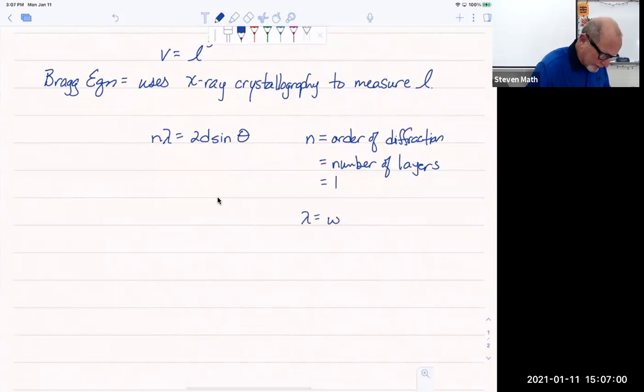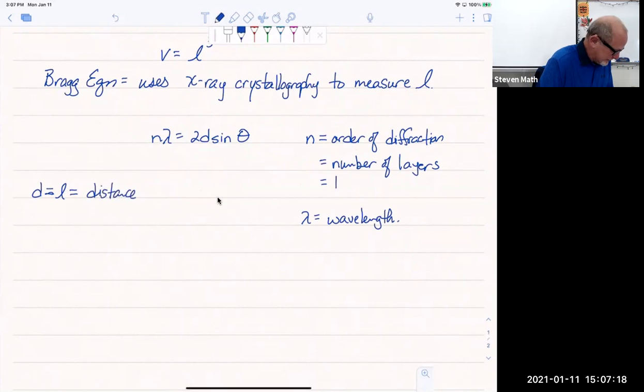Lambda is going to be the wavelength that's used. Lambda is lambda. D is going to be that length, that L that we're looking for. It's going to be that distance between layers. Okay, and theta is going to be the angle of deflection.